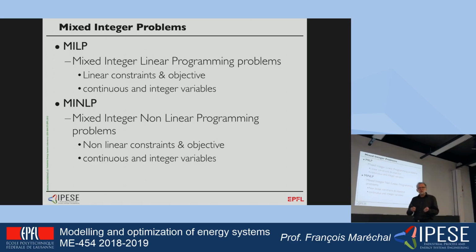We have seen a method, the branch and bound method, that was used in order to fix the value of integer variables to either 1 or 0. One could say, why not apply the same branch and bound approach by solving a succession of nonlinear programming problems?